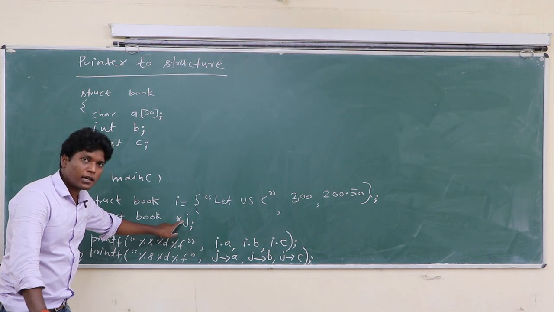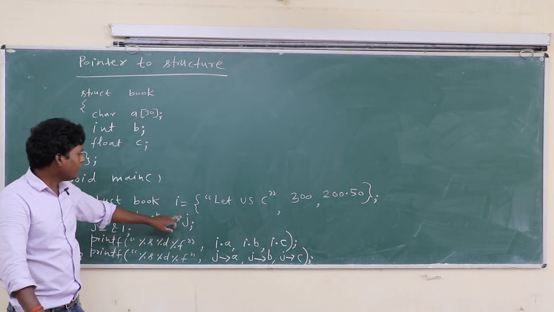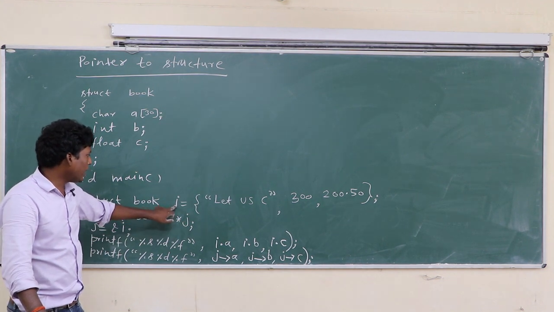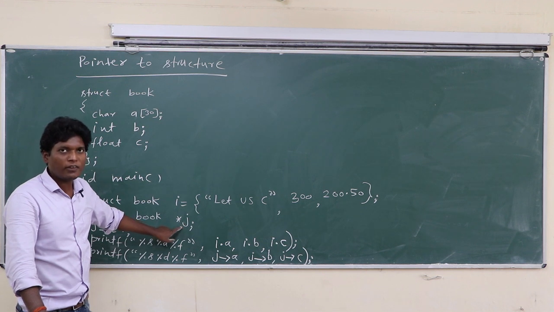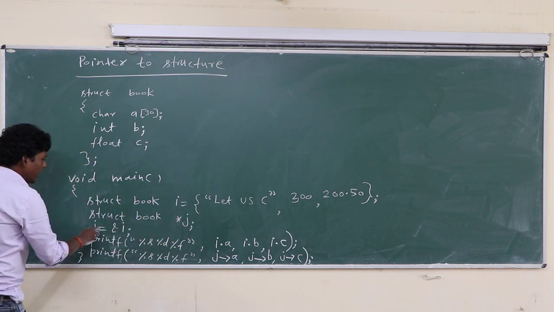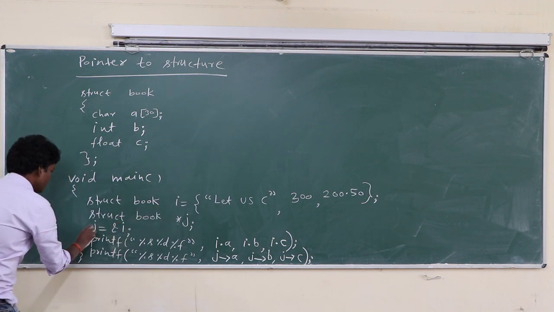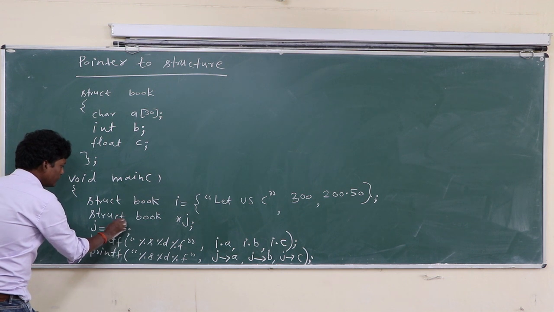So j is a pointer to structure. So there are two variables, i and j. This is the normal variable which is initialized. This is the pointer variable, the pointer to structure. And j has the address of i.